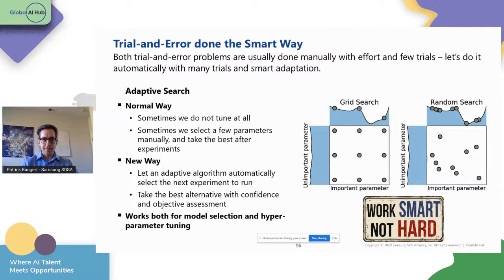It's automated. You don't need to do the design of experiment. You can delegate that to the algorithm running the adaptive search, and it will find the best value of the hyperparameters, possibly with the same amount of effort that you would have expended on the grid search. So work smart and not hard to find both the best model to apply to your data, and the best hyperparameters with which to actually train that model.